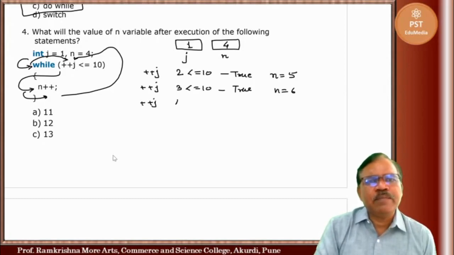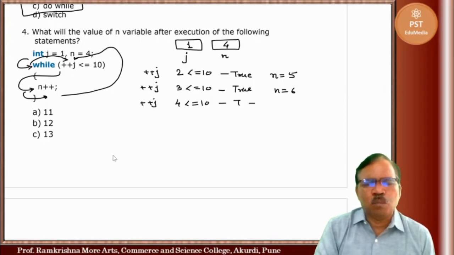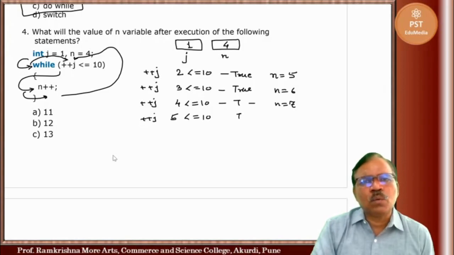So j will become 4. Less than or equal to 10. It is true. So it will enter in the loop. N plus plus. So n will become 7. Then it will go back. Then plus plus j in the condition. So j will become 5. It will check with 10. It is true. True means it will enter in the loop.